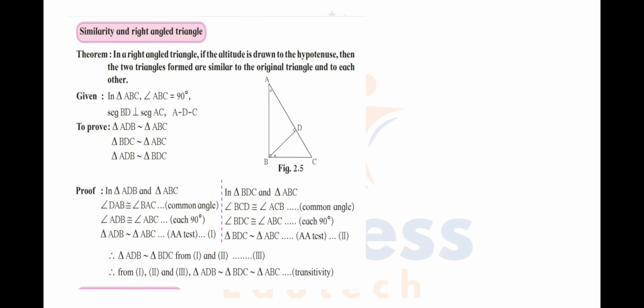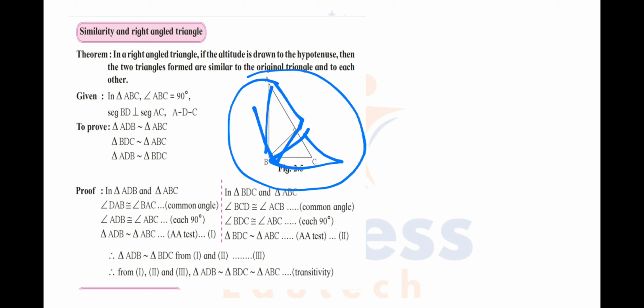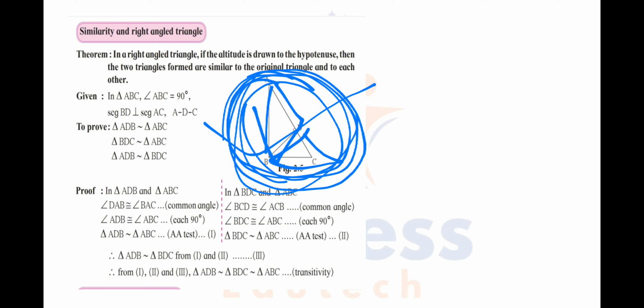Another one, ADB is similar to BDC. You have to find out the similarity between all these triangles and prove that all three triangles are similar to each other.